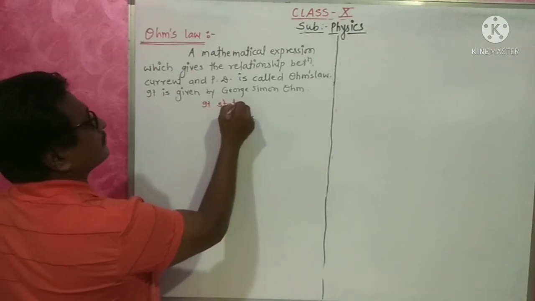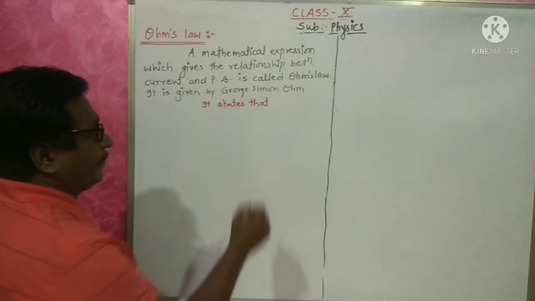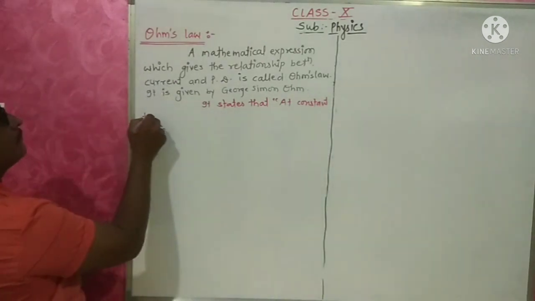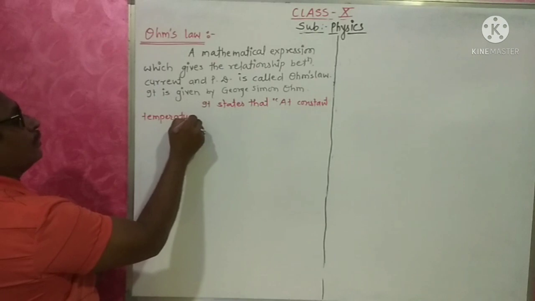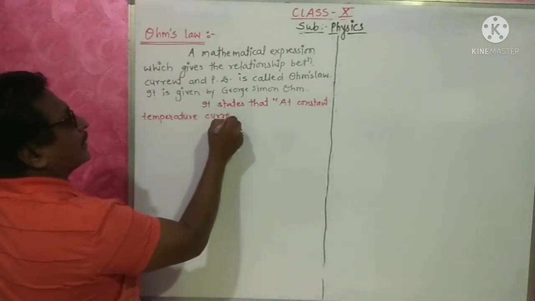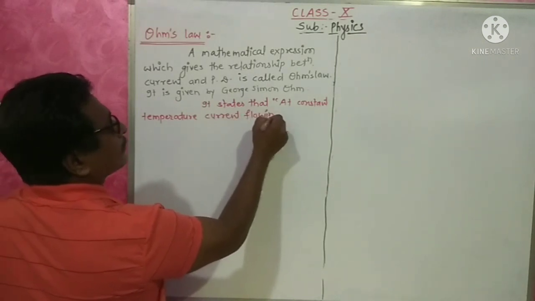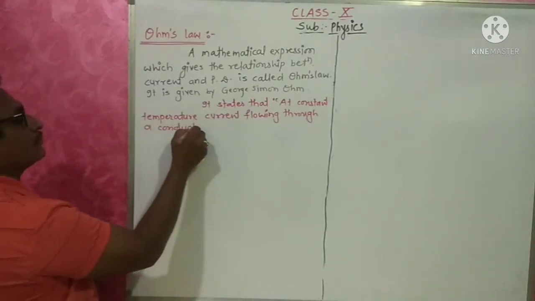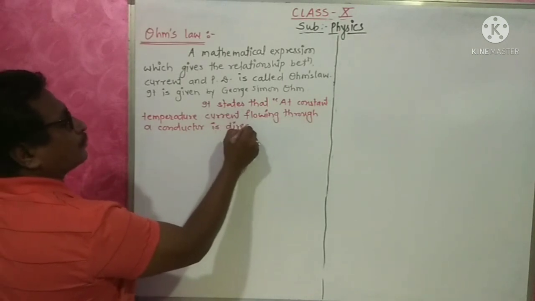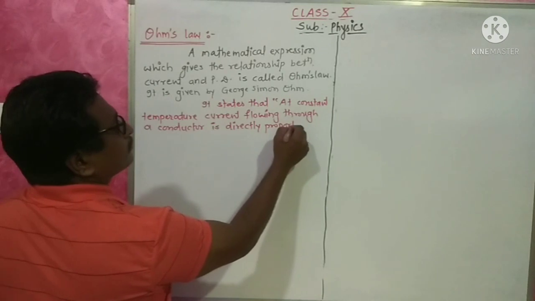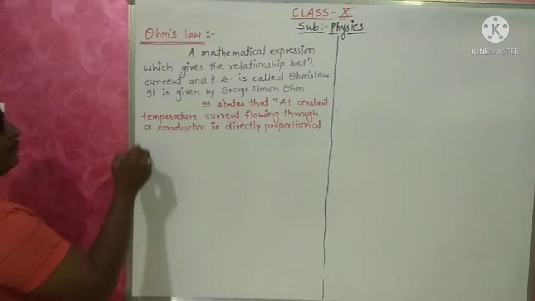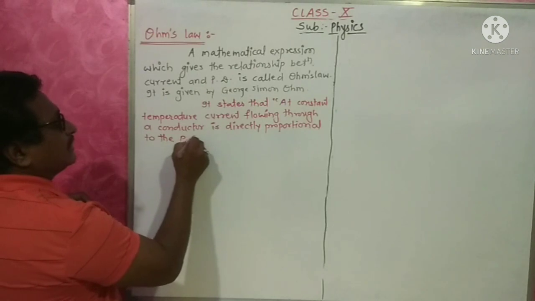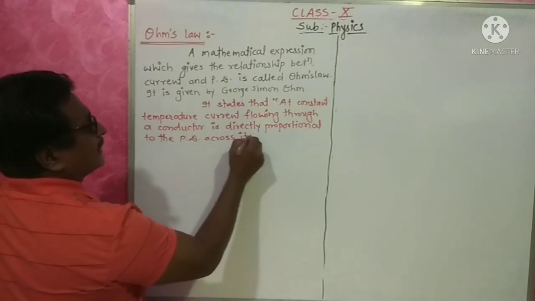It states that at constant temperature, current flowing through a conductor is directly proportional to the potential difference across its terminal.